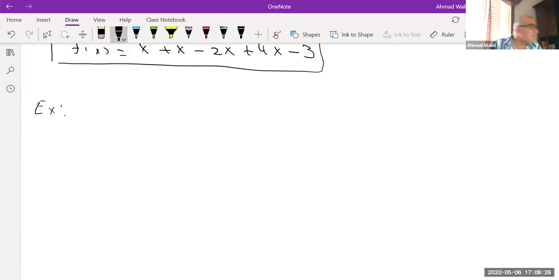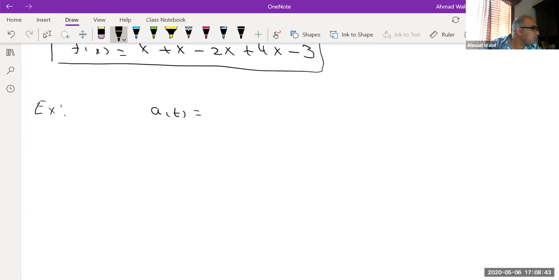If I give you, for example, a particle is moving on a straight line, correct? They give you the acceleration function. It means they give you a of t.